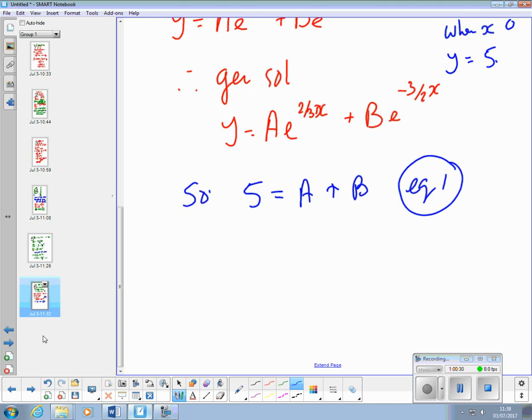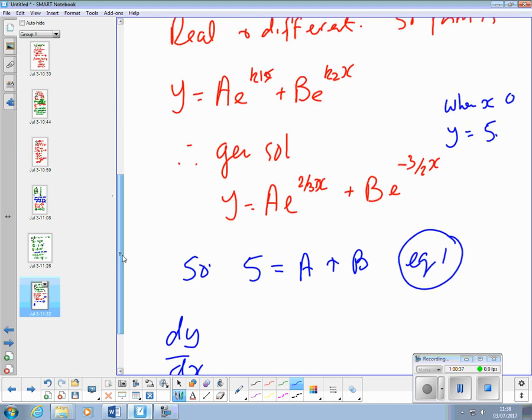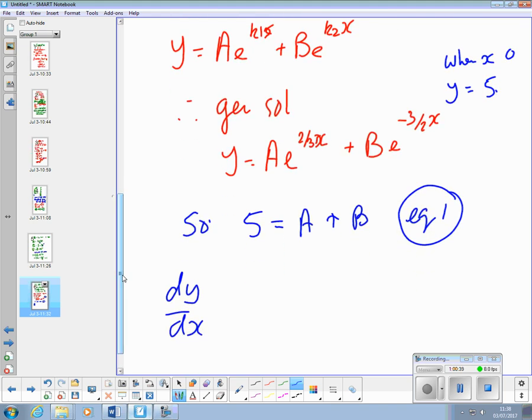What we need to do now is differentiate our general solution. So if we differentiate e to the 2 over 3x, what do we get?